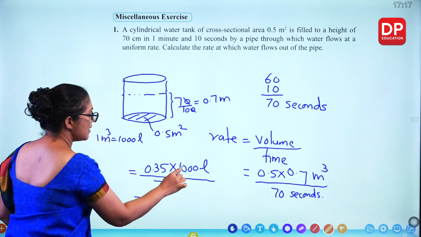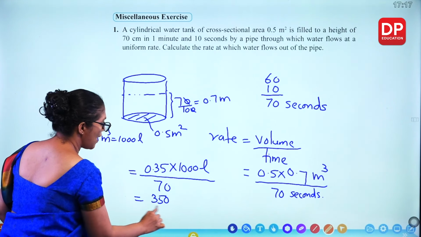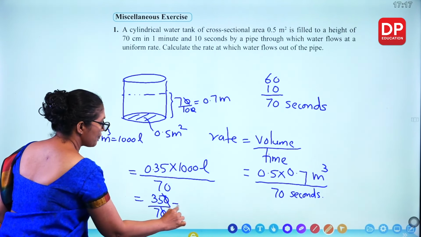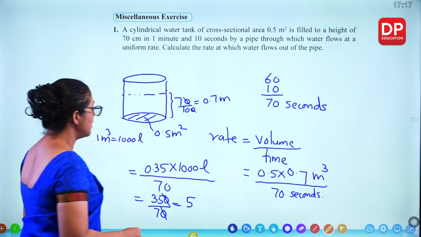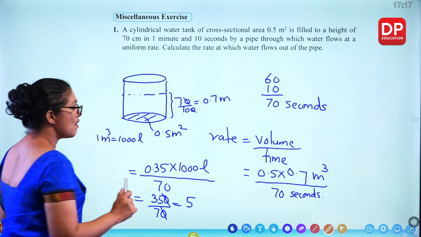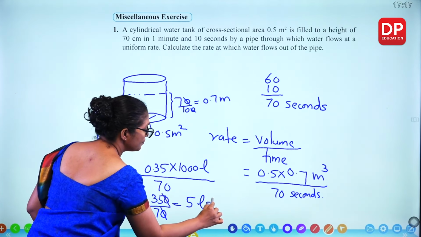So here when you multiply by 1000, you get 350 divided by 70. That's 5. What's the unit? 5 liters per second.